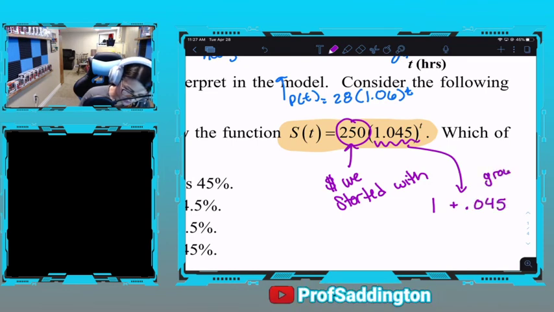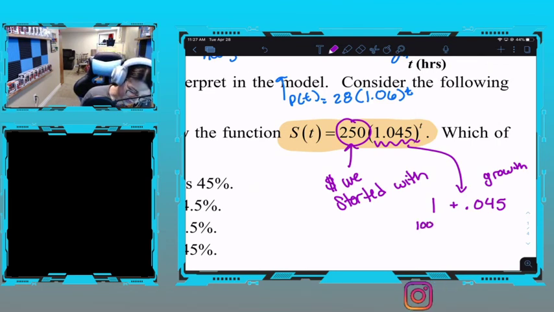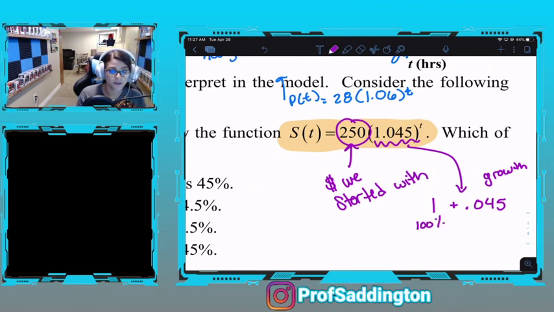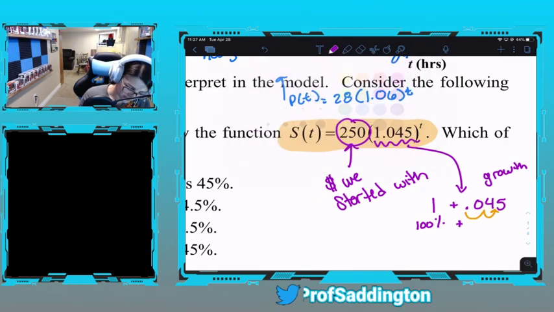So we know it's growth because I'm just breaking that number up. And remember, 1 really represents 100%, which is your original. Plus, if I wanted to go from a decimal to a percent, I'm going to move this over twice. So we really have 4.5%. So this 4.5% is our growth rate.